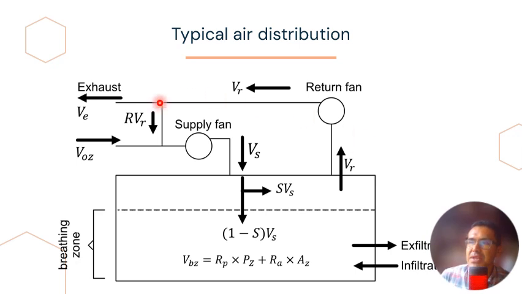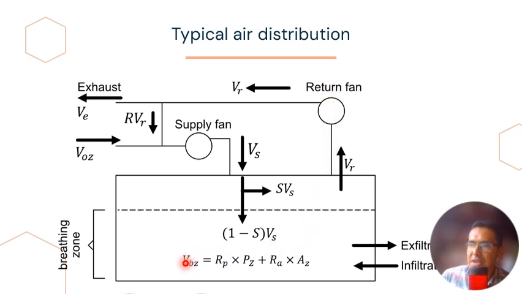Then this is a typical air distribution. What I want to show is, first, this area here represents a room, and then you see that the breathing zone is smaller than the room. The reason why there is this definition of the breathing zone is because some of the supply air that comes here is going to bypass, and this part of the air is going to go to the return fan.